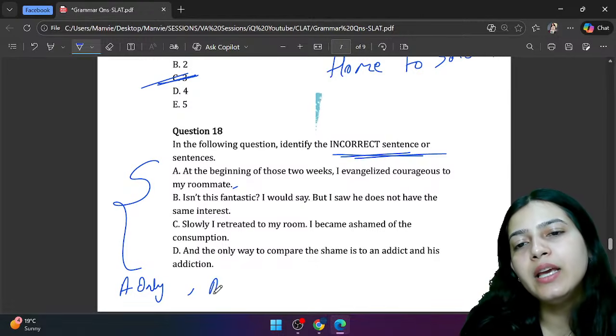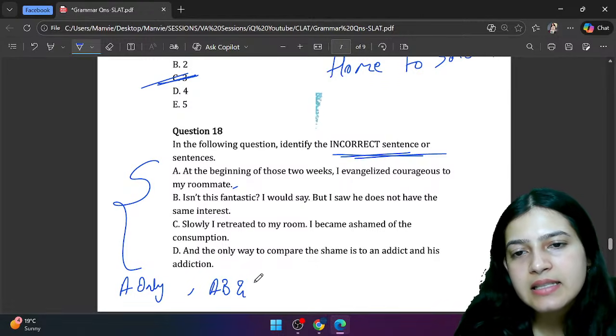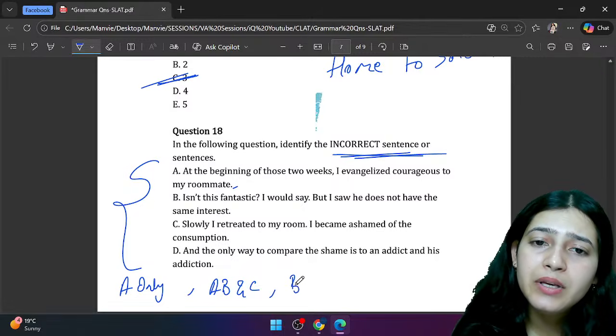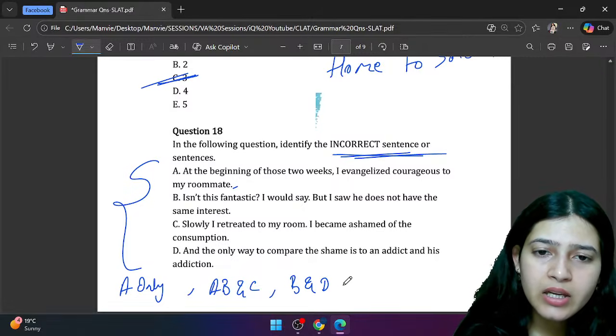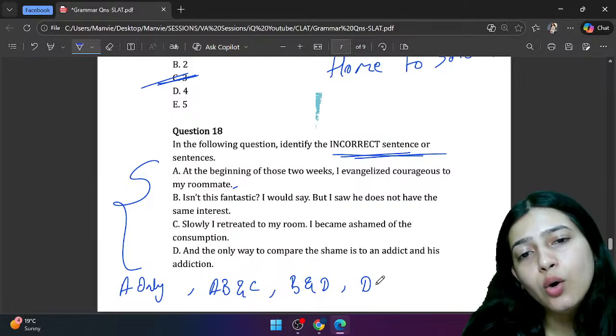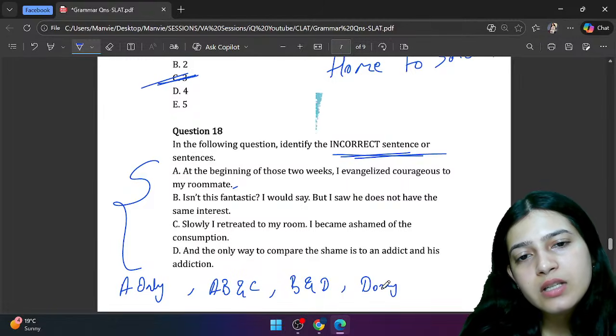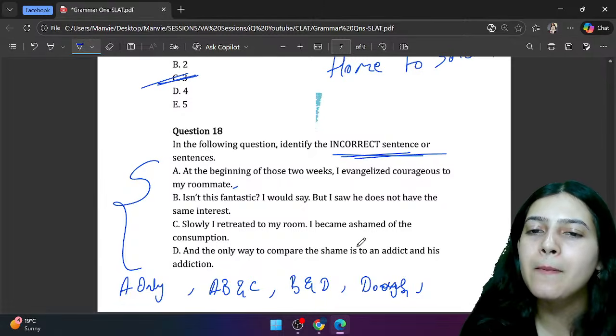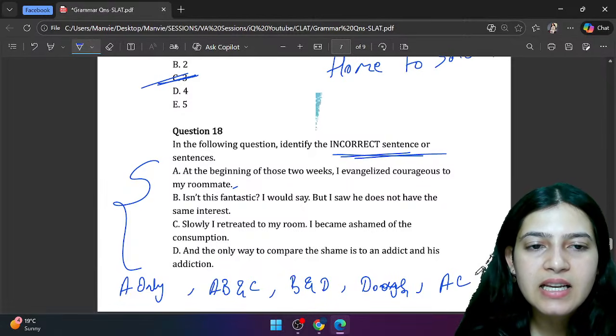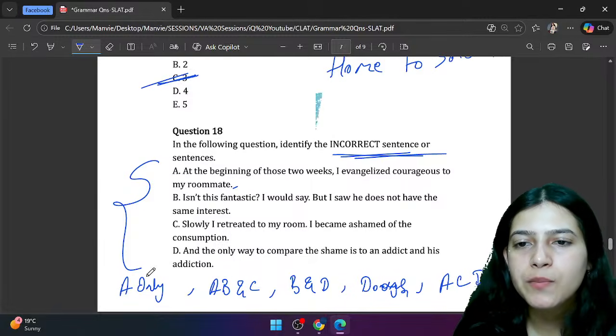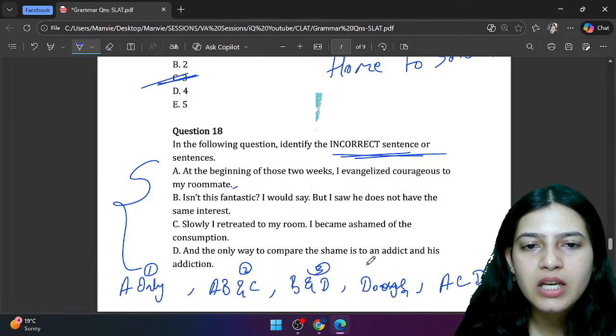Then there can be A, B and C, and there can be B and D, and there can be D only, and there can be A, C and D. These are the options 1, 2, 3, 4 and 5.